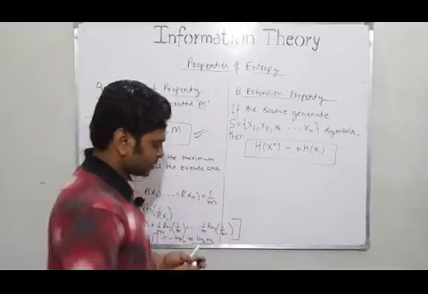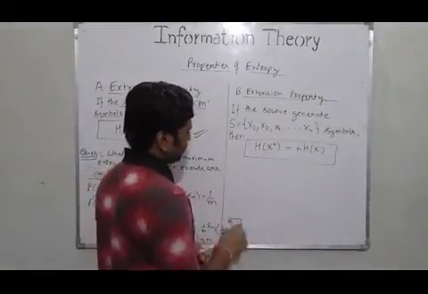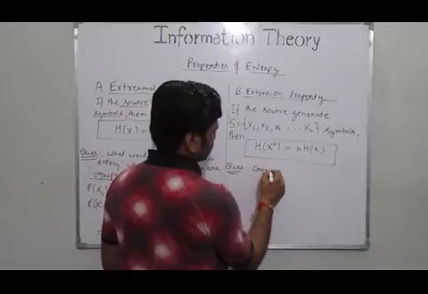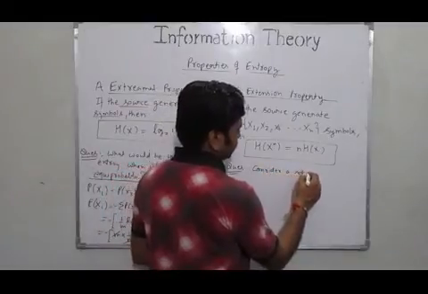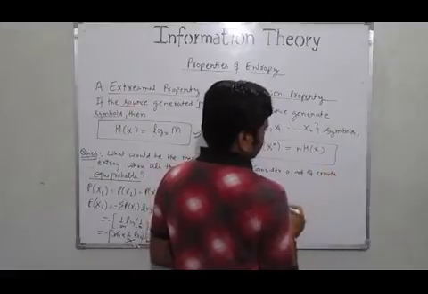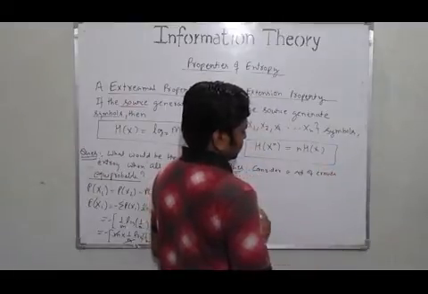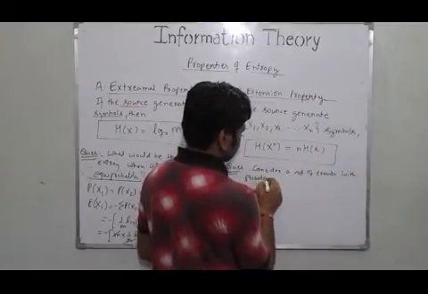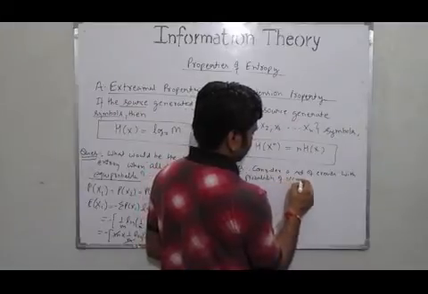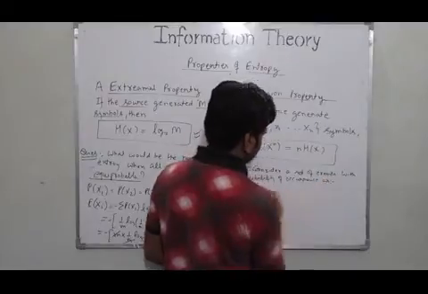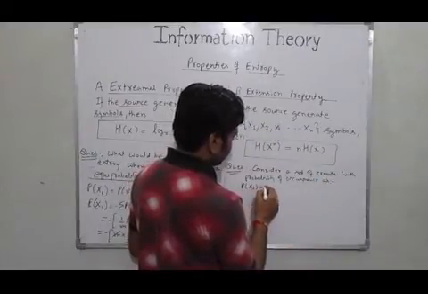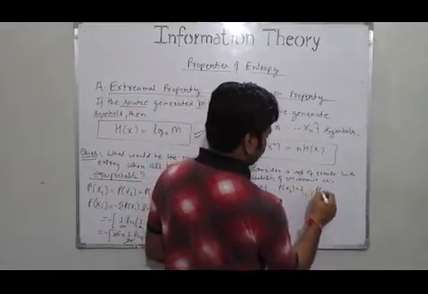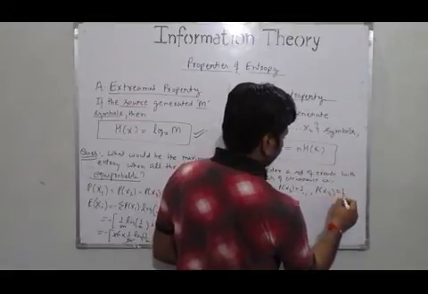Let us check that. Suppose we have a set of events with probability of occurrence as p(x1) 1 by 2, p(x2) 1 by 4, and p(x3) 1 by 8.